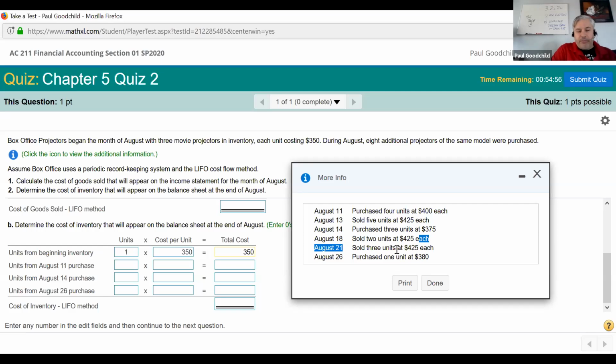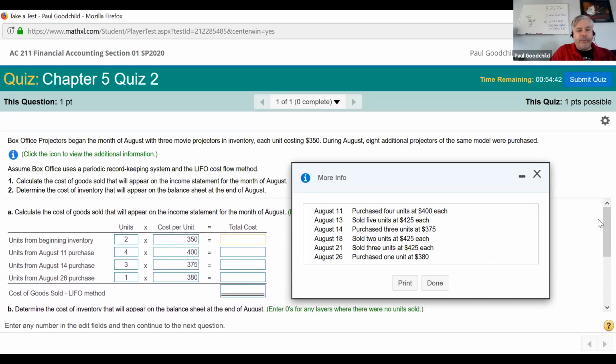Oh, excuse me. No coffee yet. And I don't know if it works with this problem, but are you able to quickly show how it changes when you're in first in, first out? I mean, I could show you if it was first in, first out. All you would do is take this one off and add that beginning one here.